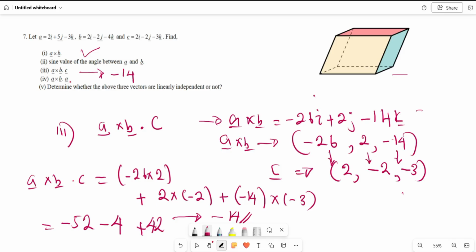Now they are asking for the dot product of vector A with that perpendicular vector. In a dot product, when two vectors are perpendicular, the value is 0.